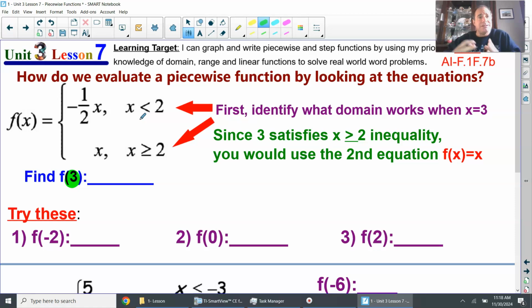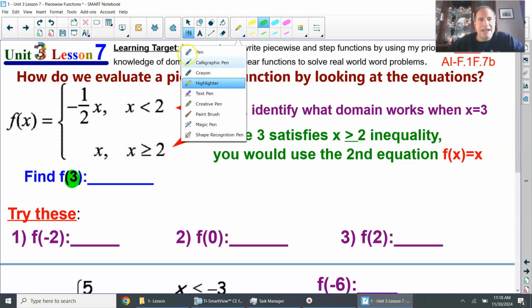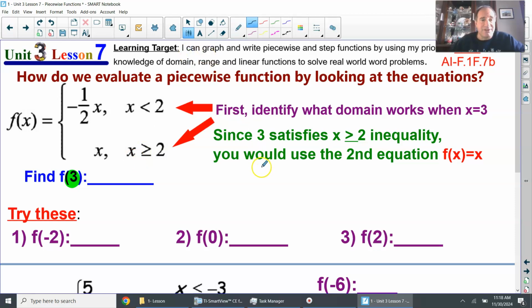But the thing is, there's only really one function that will satisfy x of 3. So since this is x is less than 2, if you substitute 3 in, it doesn't work, right? 3 is not less than 2.